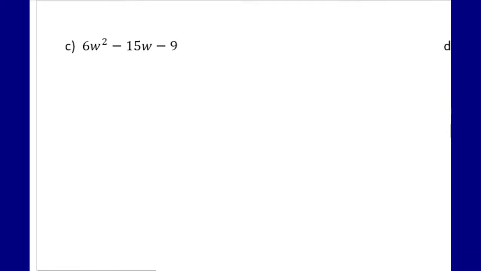Let's look at two more examples, and then it'll just be some practice. So 6w squared minus 15w minus 9. Again, we're looking for two numbers that multiply to give us the product of 6 times negative 9, which is negative 54, and they add to negative 15.